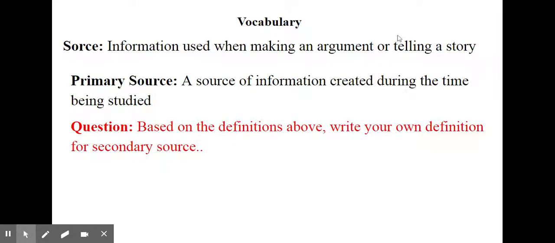So the next type of source we are going to look at is a secondary source. If primary sources come first and they are created during the time period being studied, what do you think a secondary source is? See if you can write your own definition before I show you the official one.